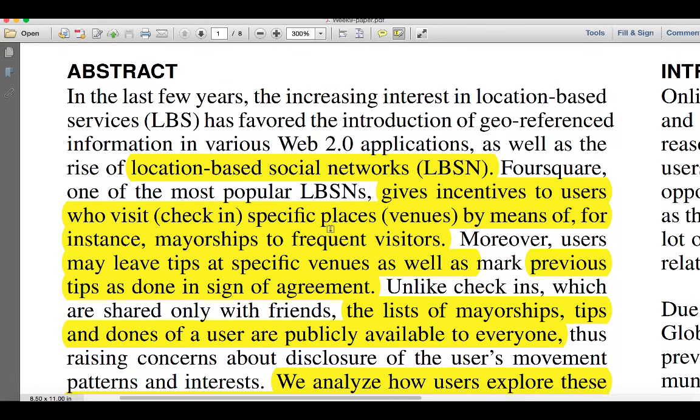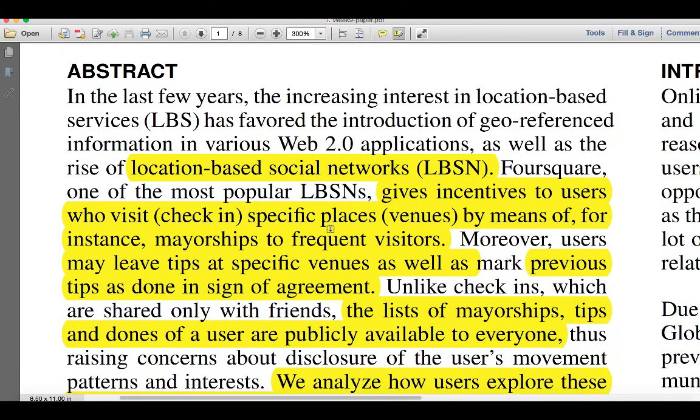And people pursue mayorship for many reasons. There are actually incentives that are built in. For example, if you go to any malls or places, and you're the mayor of that location, you can get more discounts, or you can get some parking spots free for a week or so. So being a mayor actually gives you some incentives.